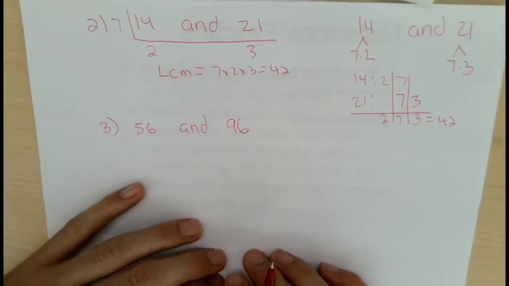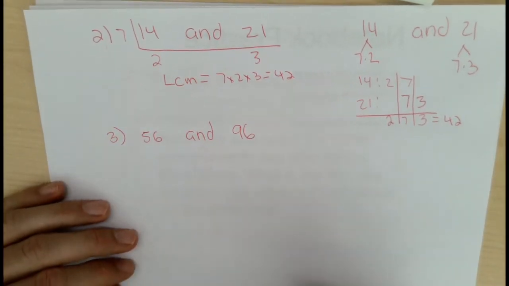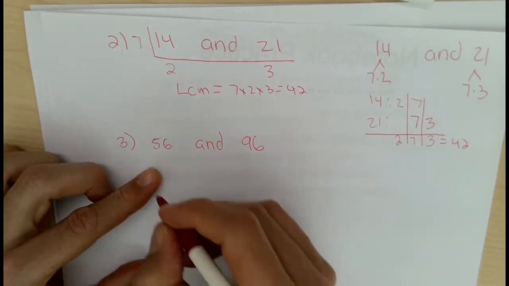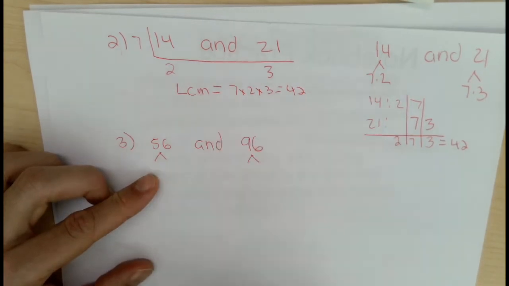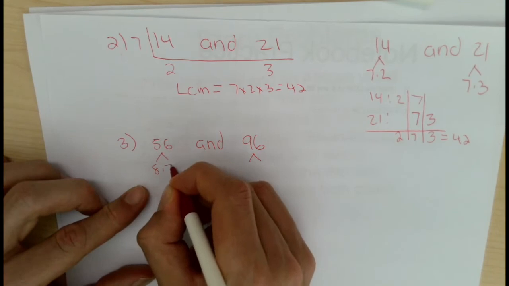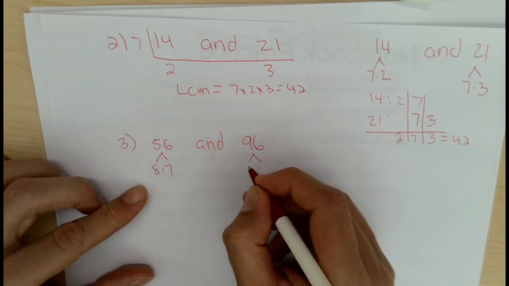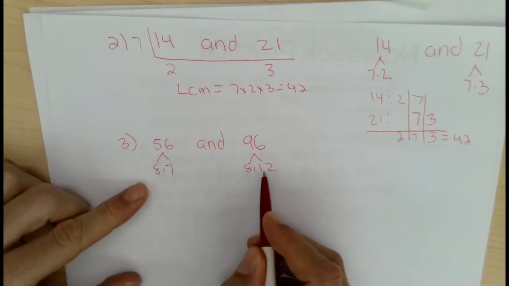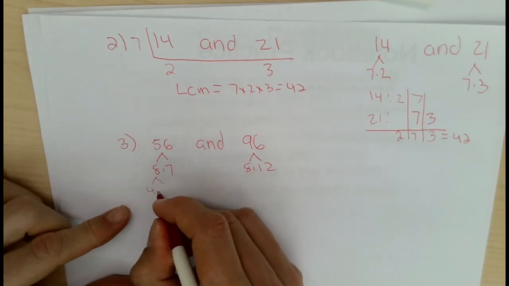Number 3, let's find the LCM of 56 and 96. So I'm going to start off with our factor tree method. So I'm going to draw 2 little trees. I'll find factors of 56 and 96. Since these are composite numbers, I can keep going, so I'll do that quickly.